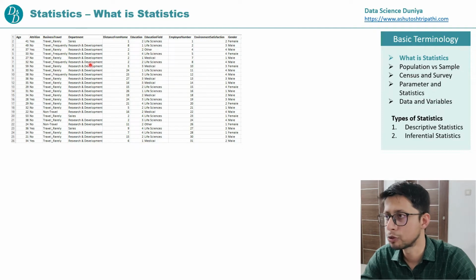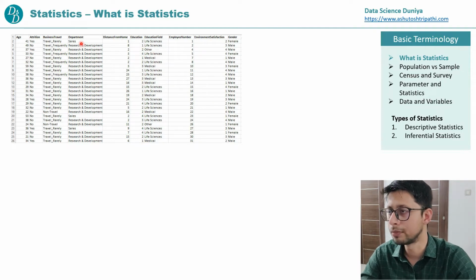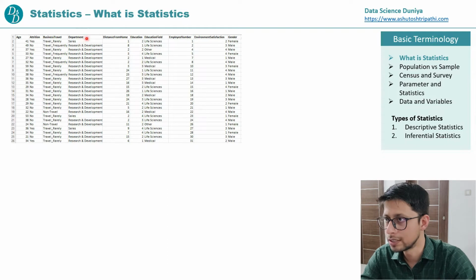Suppose sales requires more marketing experience, so in sales, whether people from the marketing field are available or not, so that their department and their education field are rightly mapped or not. That sort of study we need.